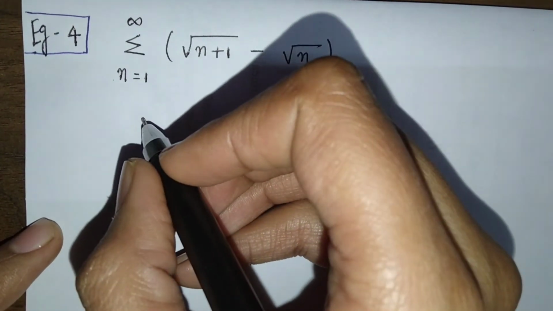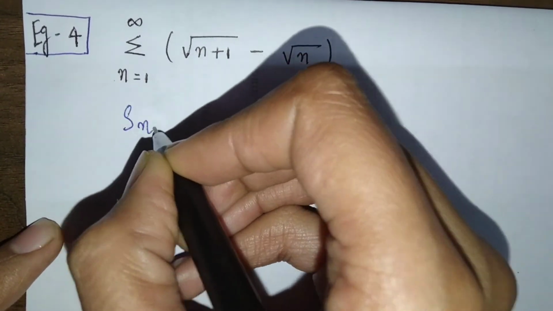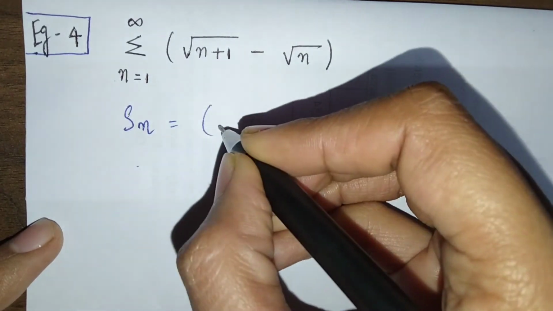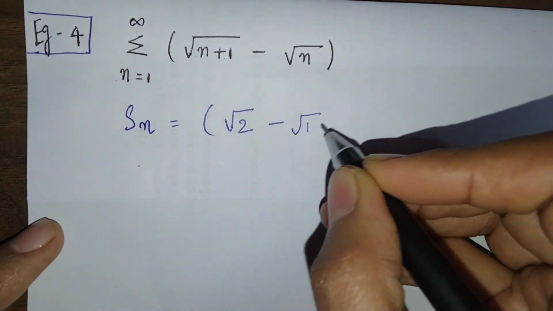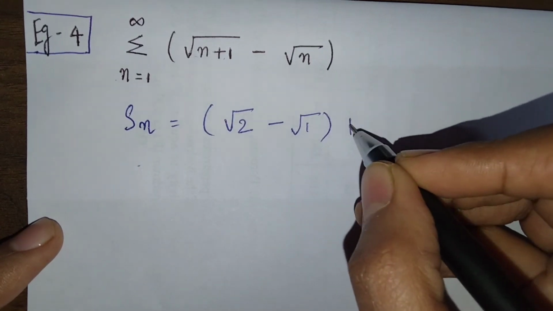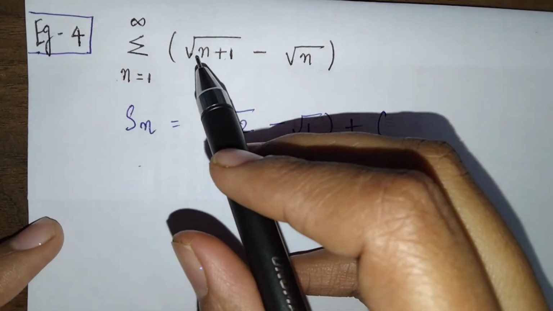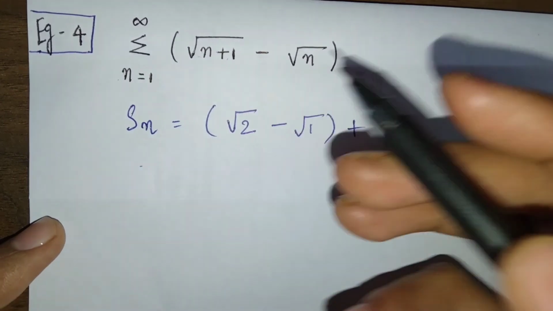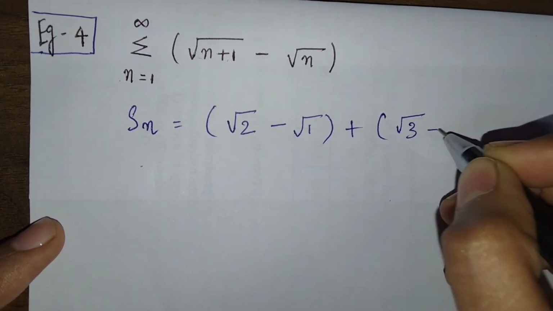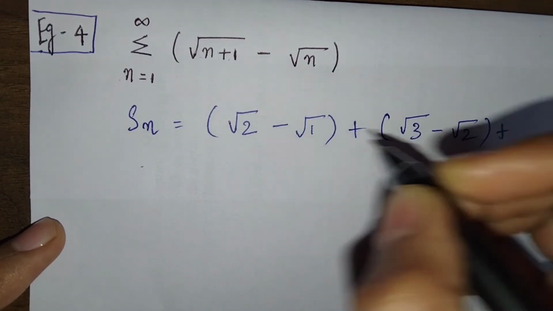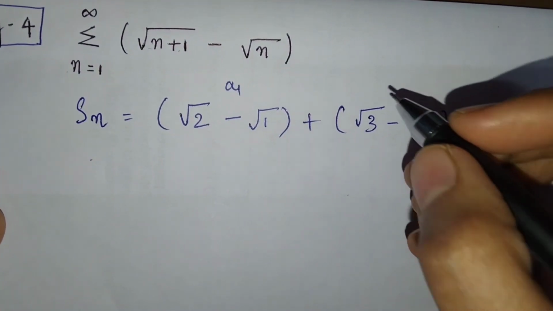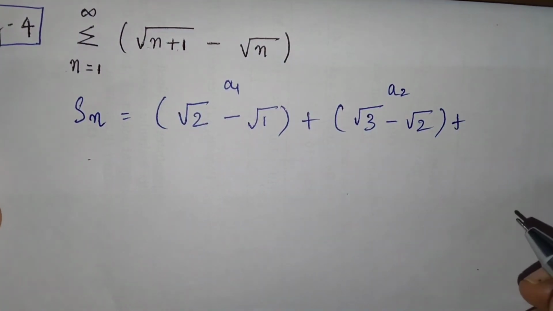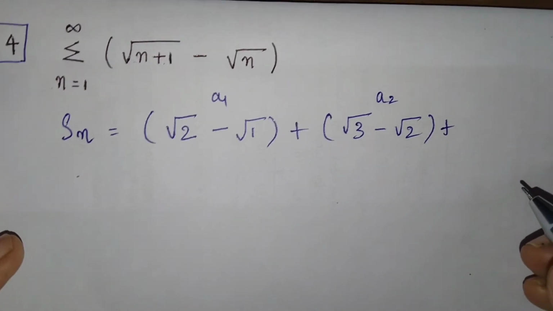If we put 1, then we get under root 1 plus 1, that is under root 2 minus under root 1, plus, if I put 2, then 2 plus 1 is under root 3 minus under root 2. This is the A1 term, when I put n equal to 1. This is the A2 term, when I put n equal to 2.